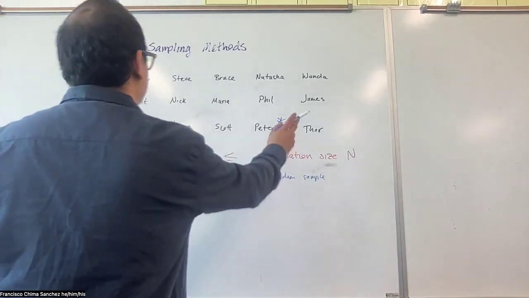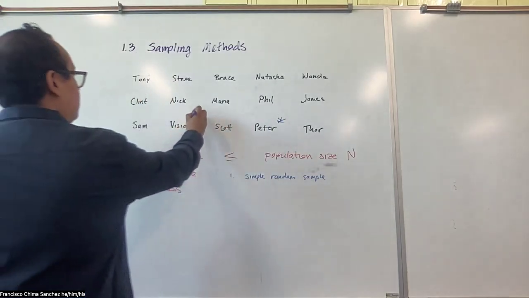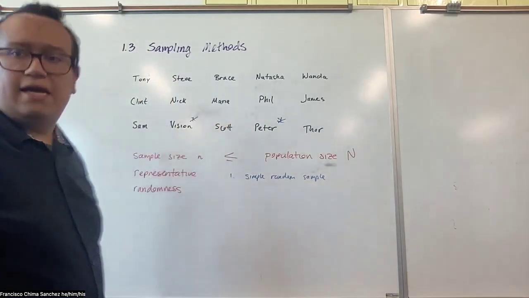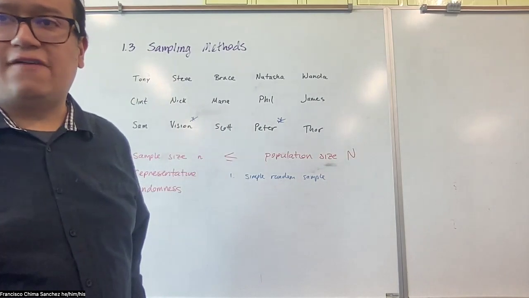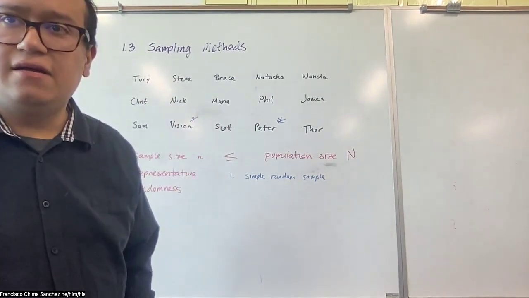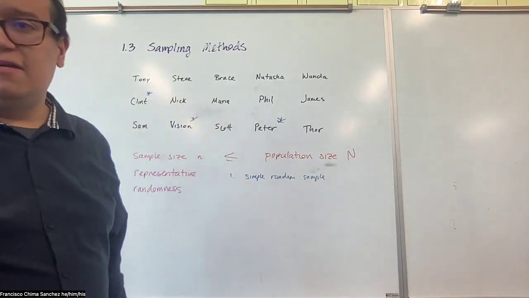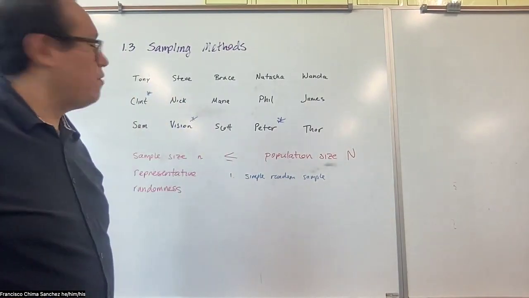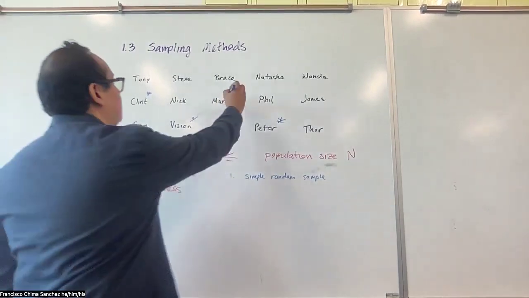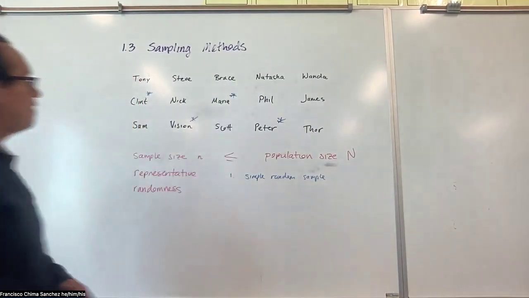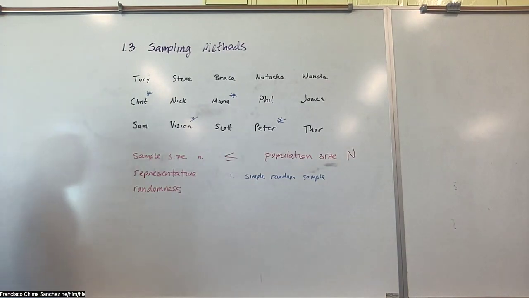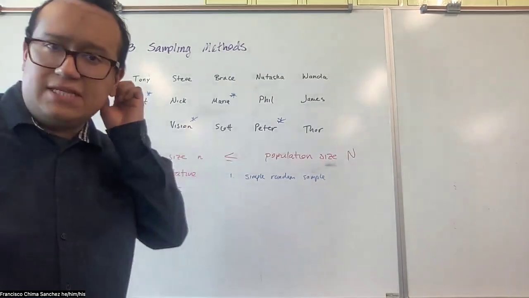See, where would 12 be? Here. I got 14 again, so we're going to roll again. 6 right here. And we need one more, right? 8. Okay. So we've selected 5 people at random from this list.